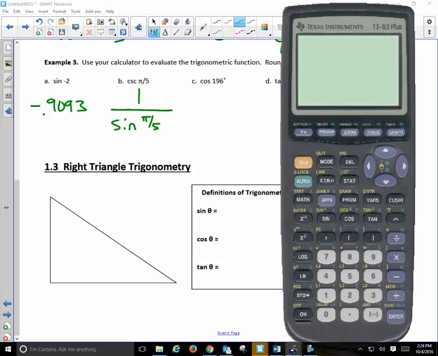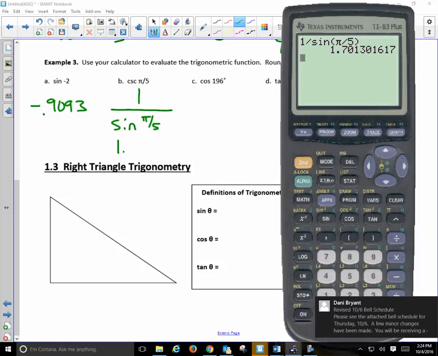So I type in 1 divided by sine. Find the pi button. If you don't know where that is, take 3.141 divided by 5. 1.7013.